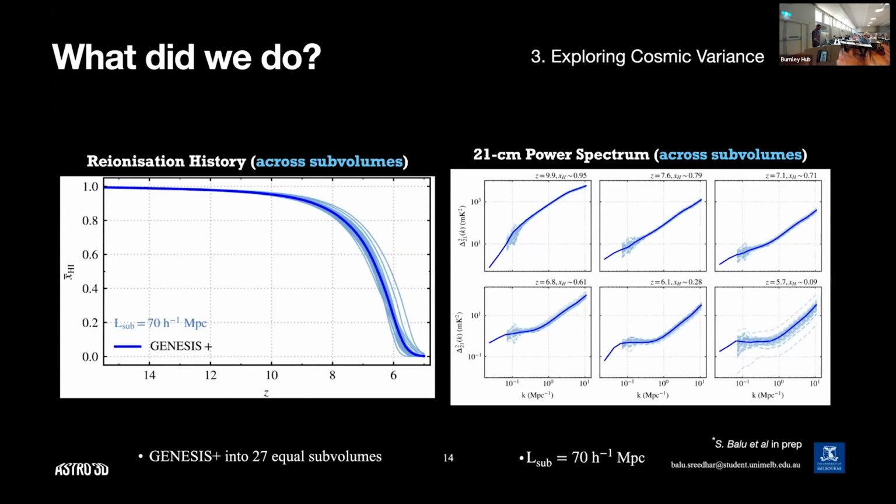This is just a cosmic variance effect. In the same manner, if you look at the power spectrum from the whole box as well as the subvolumes, you see a spread, and you see the spread more at low K values, or the large scales. This is also something you expect.